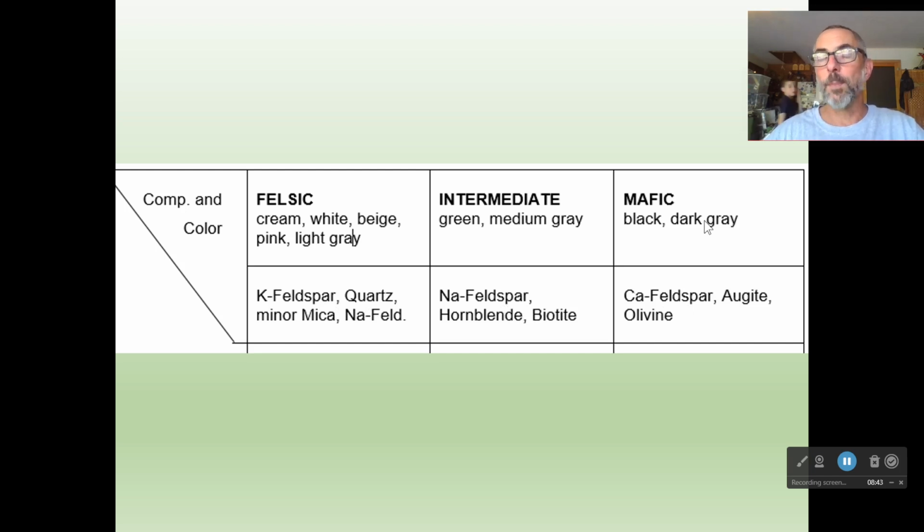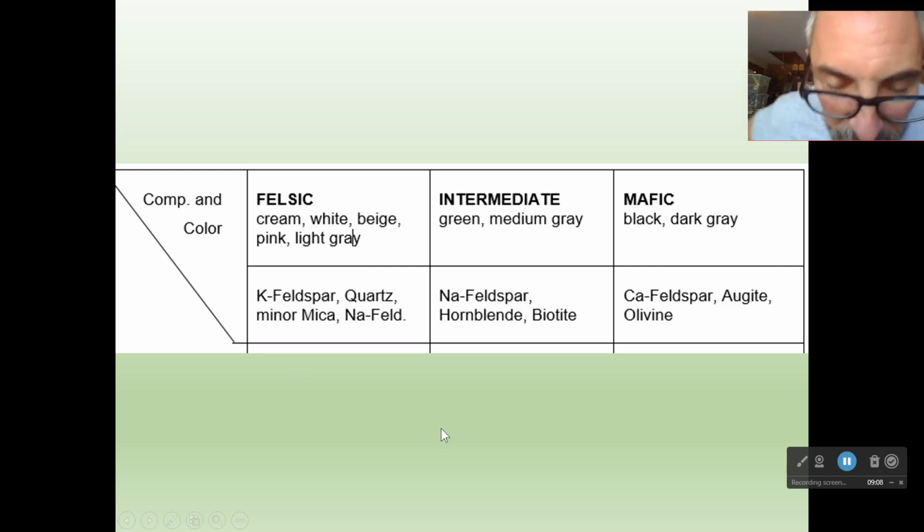So mafic rocks will be identifiable either by, if they're phaneritic, being able to identify these actual minerals, or if they're aphanitic, they're identifiable simply by looking at the color. Because even if they're microscopic, these dark minerals will still give the rock a dark color. Microscopic light-colored minerals will give the rock a light color.